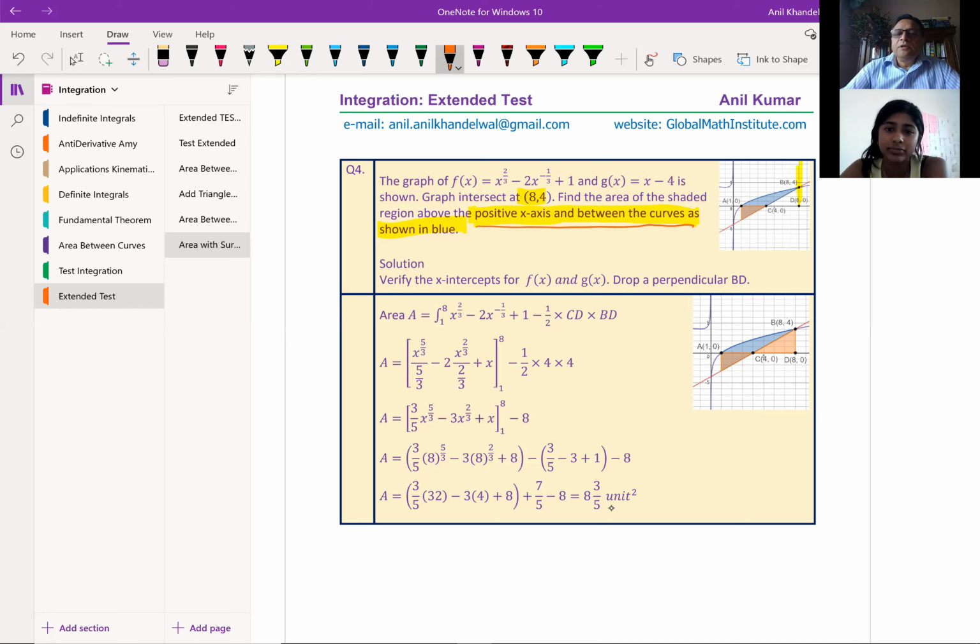You have to understand the common region between the positive x-axis, that is above that, below the function, which is a surd, and then a straight line. So that becomes your blue area. Now, how do you find this particular area, which is shown in blue? Tell me.